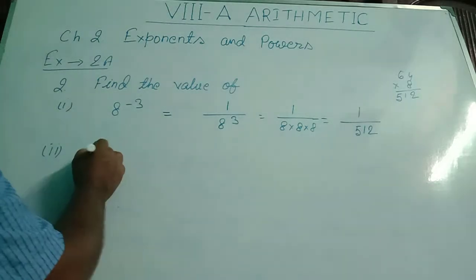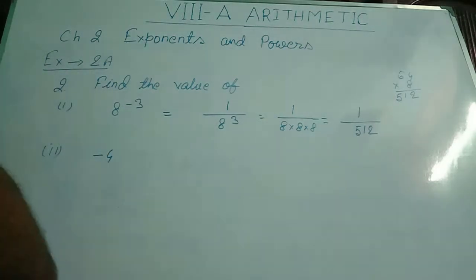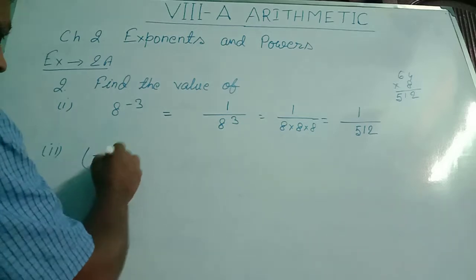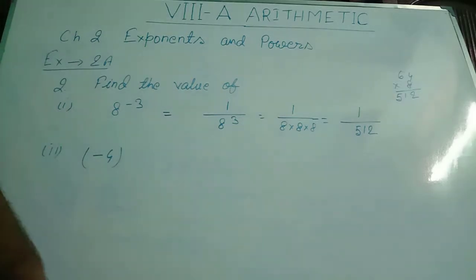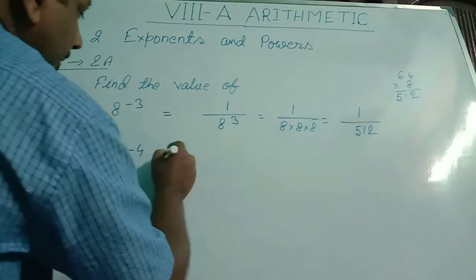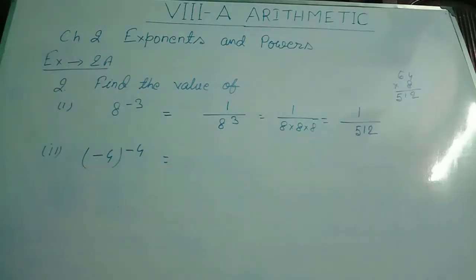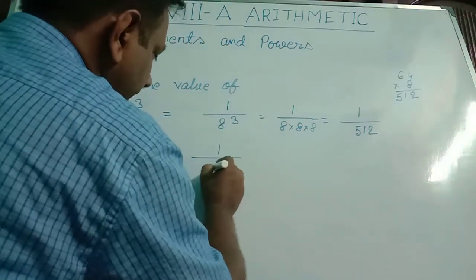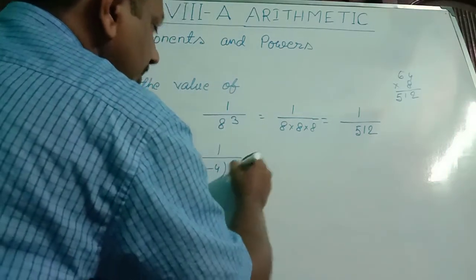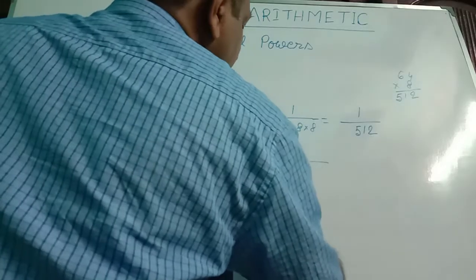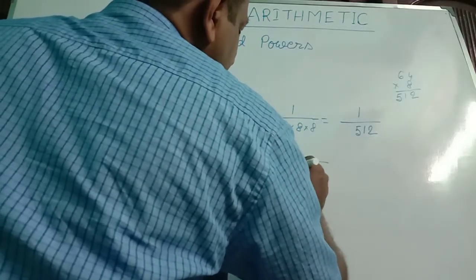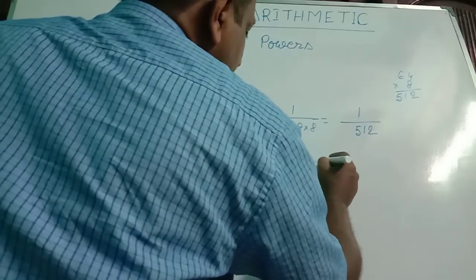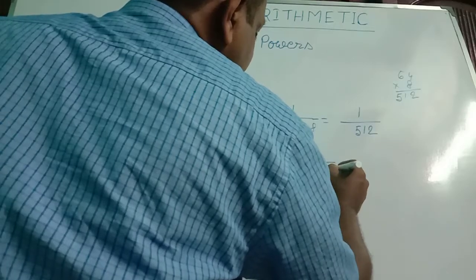Roman number 2, minus 4 to the power minus 4. So at first we change this negative integer into positive integer by writing the reciprocal of this. So we write now 1 by minus 4 to the power 4. Meaning is clear. Minus 4 will be multiplied 4 times.